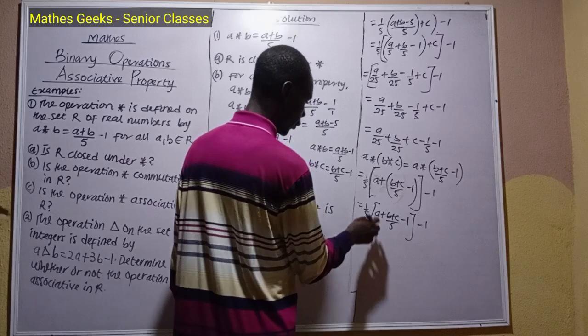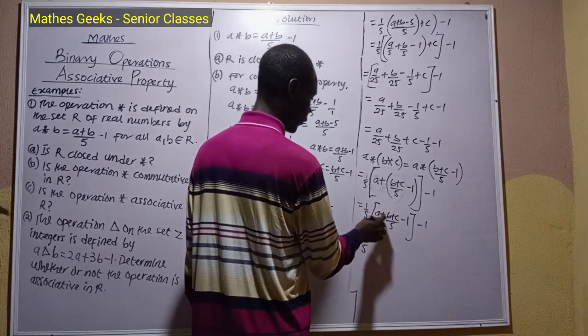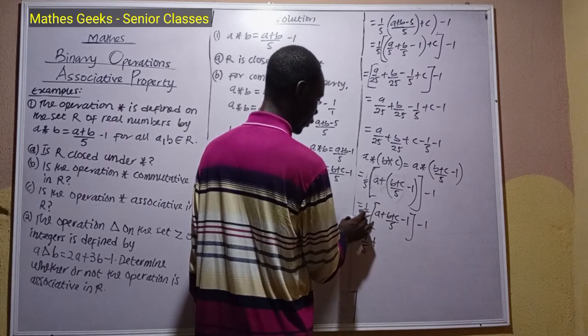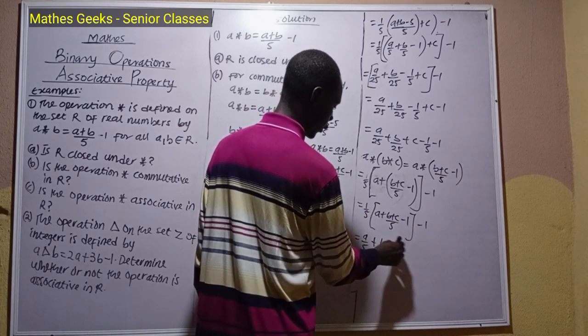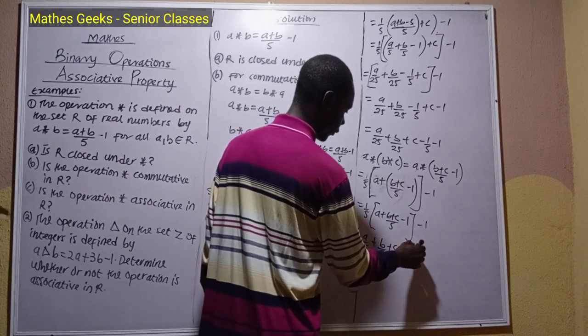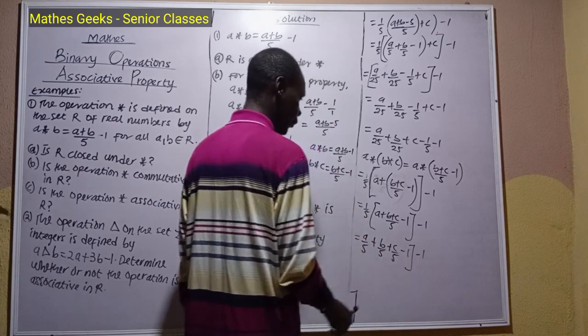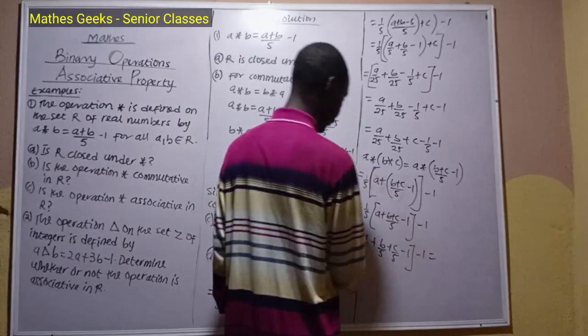So 1 over 5 times A will give us A over 5 plus 1 over 5 times this, which will be B over 5 plus C over 5 minus 1, minus 1.